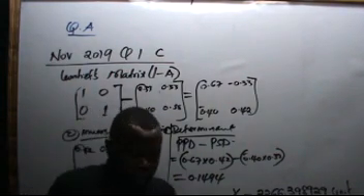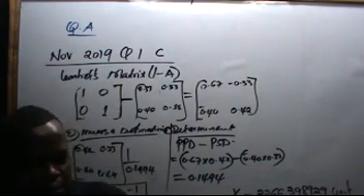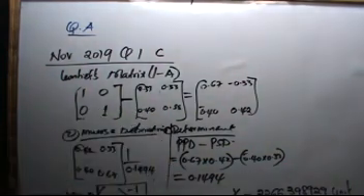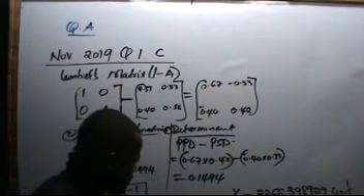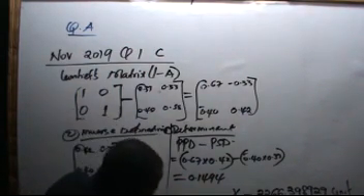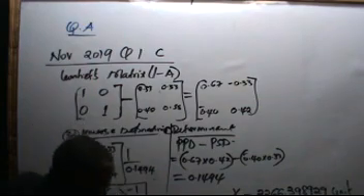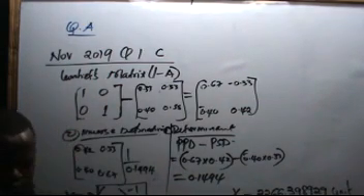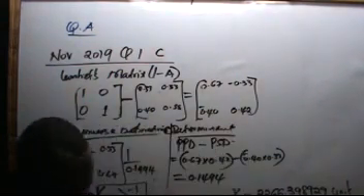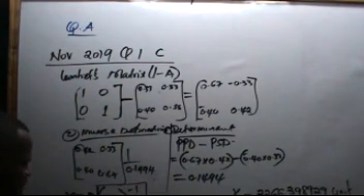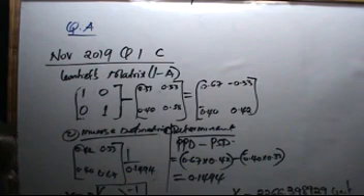Yes, you have a question? That is 0.67. Which one? This one? Oh, thank you. This was 0.67, it was written as 0.64. It should be 0.67.